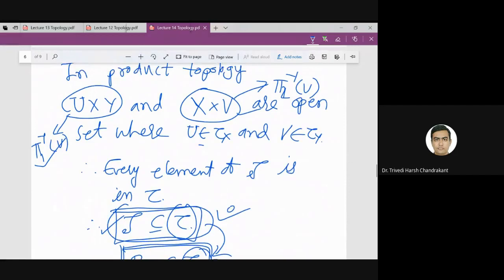That means every set of the form U cross V is open in tau. So I have to show every subbasis element, which is either of this form or of this form, and both of these sets I can write in terms of U cross V, where U and V are open. Right, so that will give us S is contained in tau. So this is the first part.